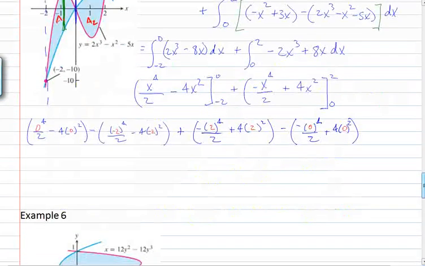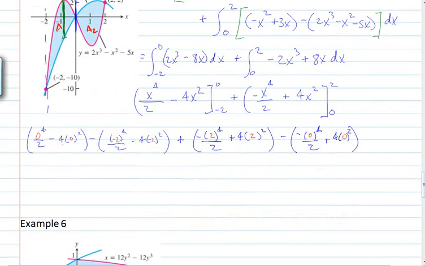Now it's just a matter of cleaning up the arithmetic. This term right here is going to 0 minus, and then we have negative 2 to the 4th is 16 divided by 2 is 8. Negative 2 squared is 4. 4 times 4 is 16. Plus 2 to the 4th is 16 divided by 2 is 8.